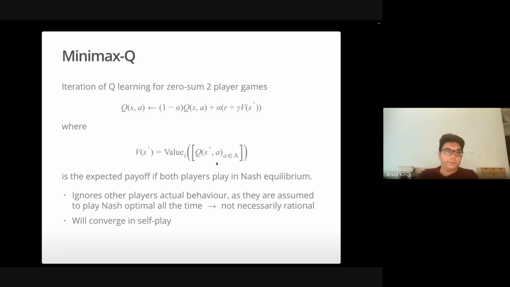But it will converge in self-play, which is kind of nice. Also, you need a Nash solver, which I learned from personal experience can be quite hard to get a good one, and some free implementations that exist out there do break once you make your matrices big enough, which is very annoying.